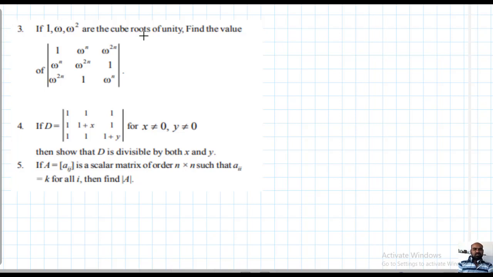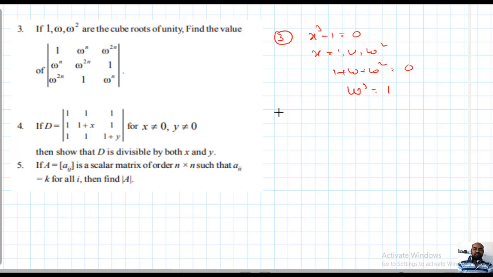Here, third problem, omega is the cube root of unity. For example, x cube minus 1 equal to 0, you know that x equal to 1, omega, omega square. Sum of the roots equal to 0 and product of the roots omega cube equal to 1. By using this concept you can solve that problem.